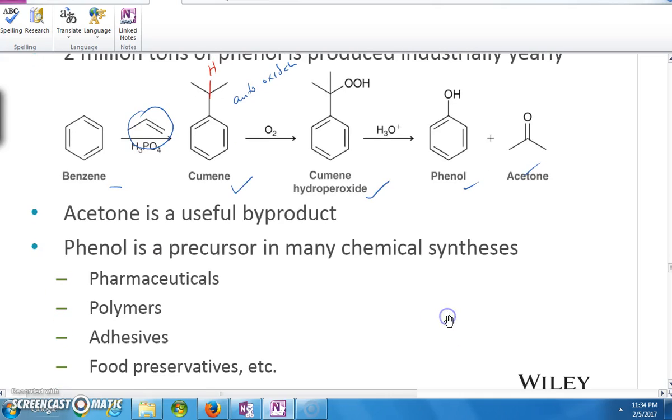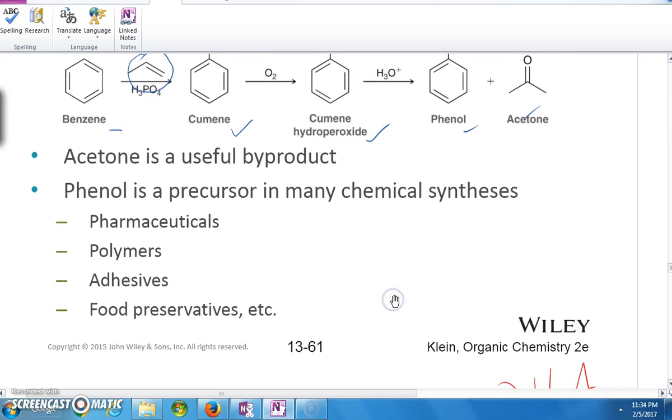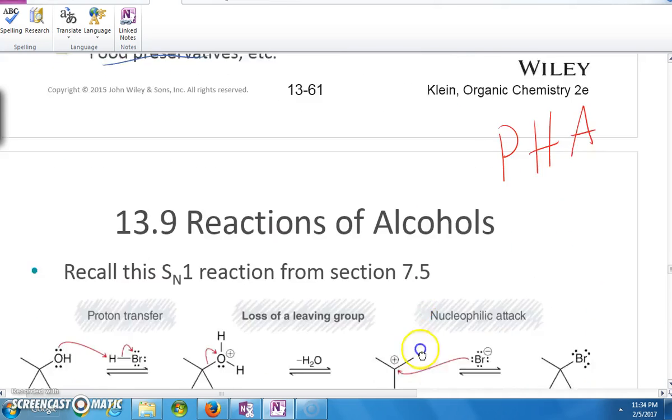And of course acetone is a very useful byproduct. Phenol is a precursor in many chemical syntheses, especially in pharmaceuticals, polymers, adhesives, and food preservatives.